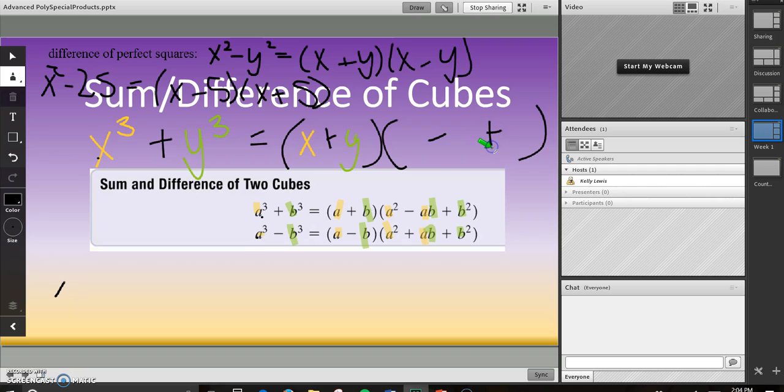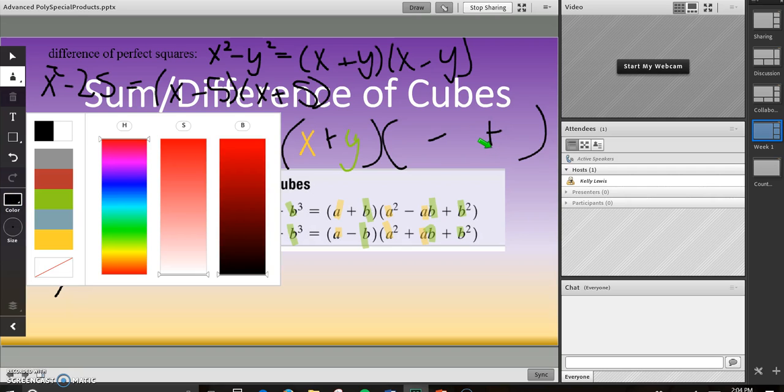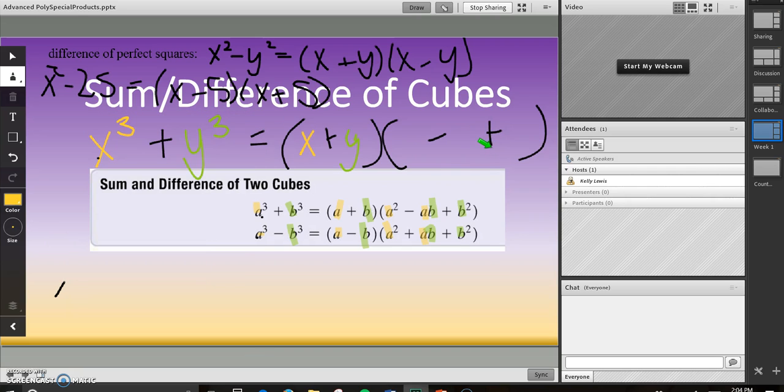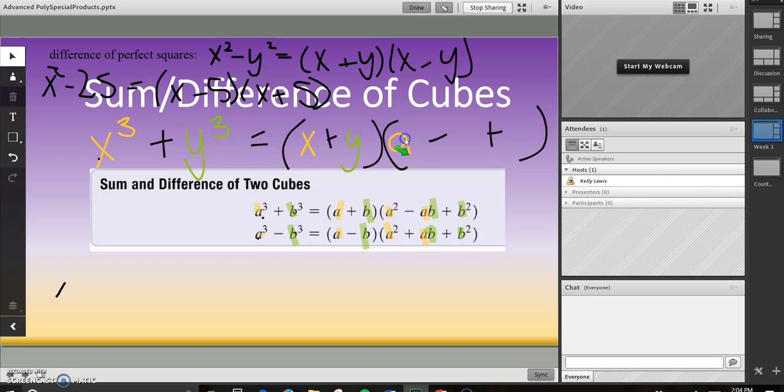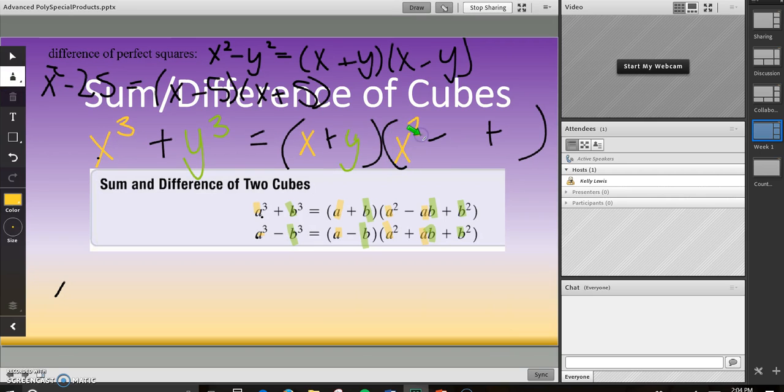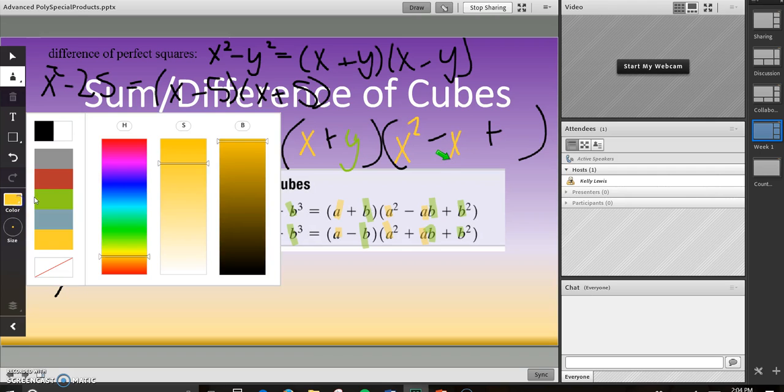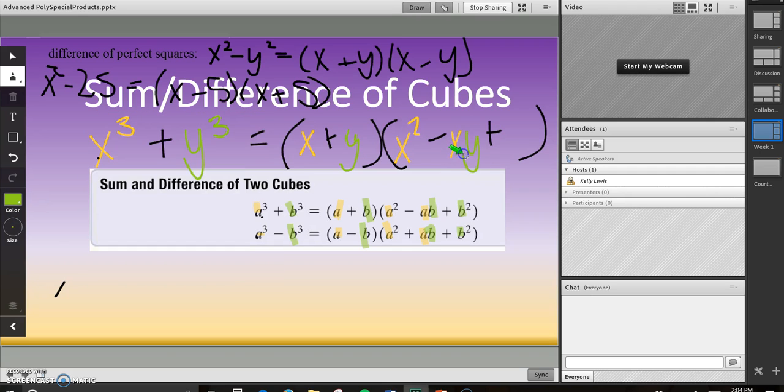Minus sign and plus sign. Then we do the first number squared minus the first number times the second number plus the second number squared.